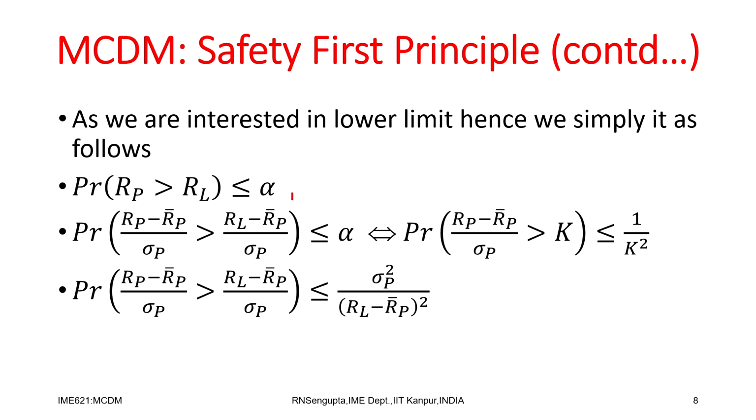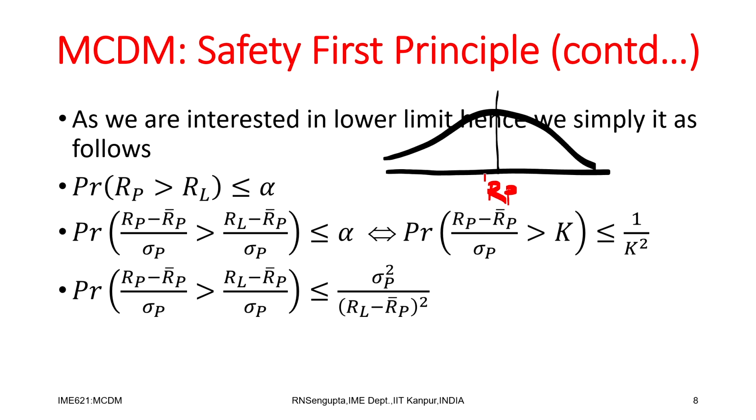So, if we are interested in the lower limit, what if I draw the distribution, again the normal case, this is the normal distribution and this is the average value, which I denote by R p bar, R p is the random variable, and consider R L is given. So, I am trying to find out the probability onto the right hand side.